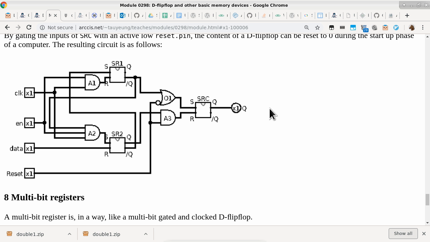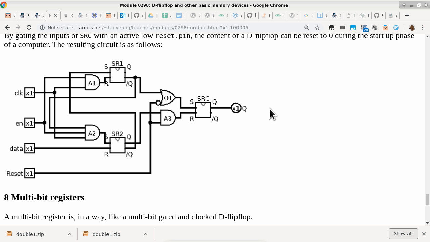What about the OR gate? Well, before it gets into the OR gate, it is negated. So if reset is a 1, by the time it gets to the OR gate itself, it's going to be a 0. So what is OR 0 going to do to a value? Nothing. It's going to preserve the value. X OR 0 is X, because true or false is true, false or false is also false.